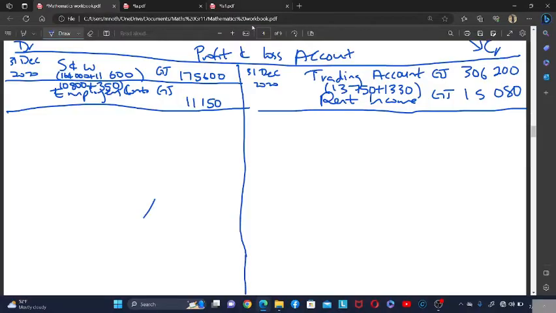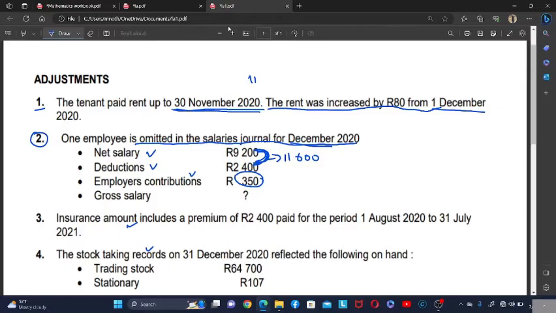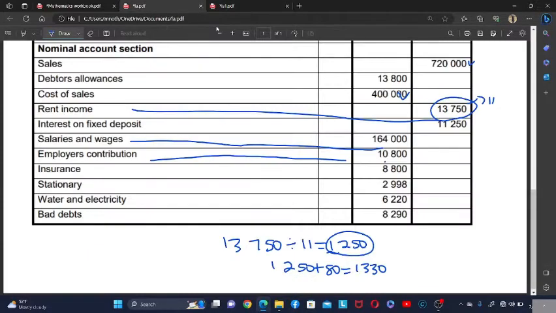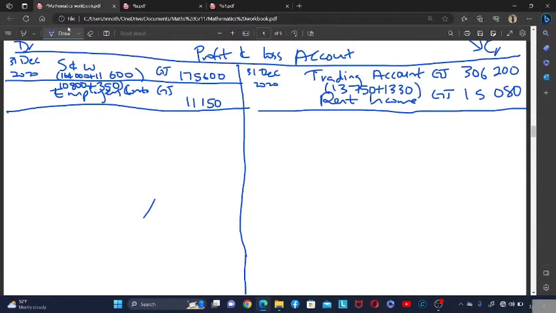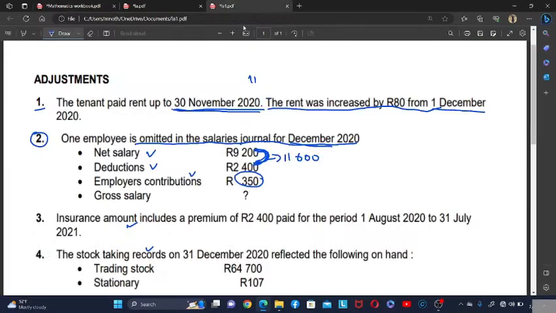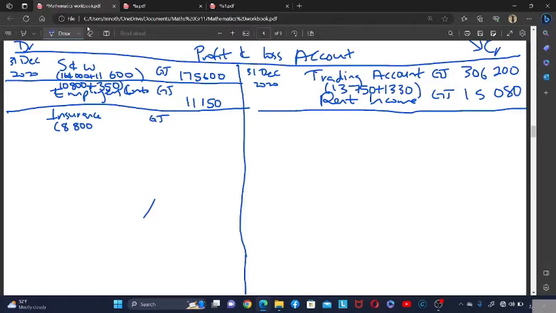The next transaction, insurance amount. So now we're talking about the insurance. How much is the insurance? The insurance is 8,800. They are saying that the insurance amount includes, meaning that this 2,400 is included here in this 8,800.